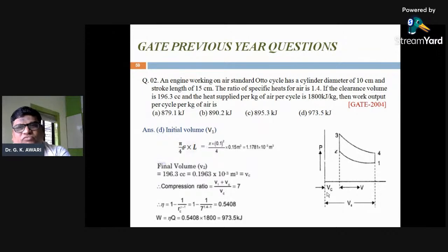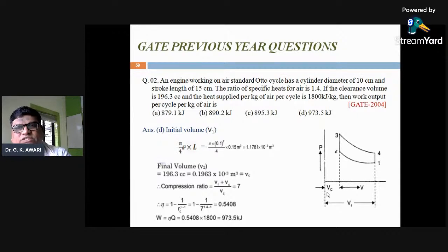Then, an engine working on the air standard Otto cycle has a cylinder diameter of 10 centimeter and stroke length of 15 centimeter. The ratio of specific heats of air is 1.4. If the clearance volume is 196.3 cc and the heat supplied per kg of air per cycle is 1800 joule per kg, then what is the work output per cycle per kg of air?